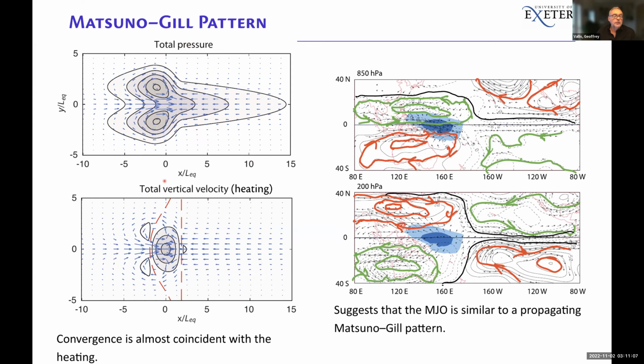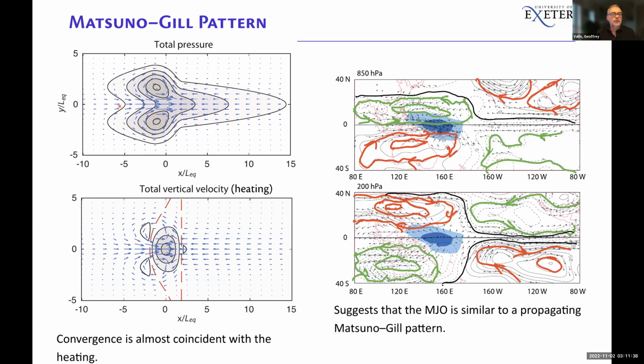Basically, that pattern results from some concentrated heating here in the bottom left panel. When Gill first did this calculation, he imagined that the heating was coming from a sea surface temperature anomaly. It doesn't really matter where it comes from, but if you put a chunk of heating here, you get this resulting pattern in the pressure field.